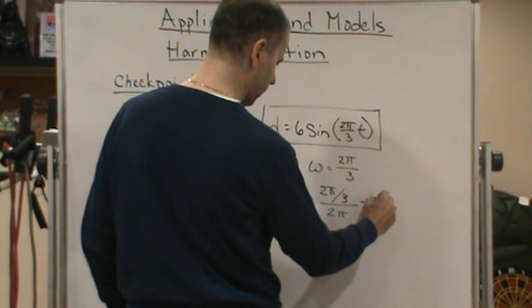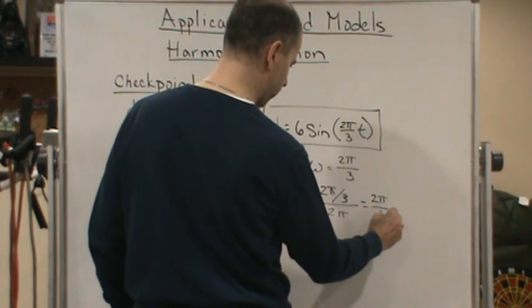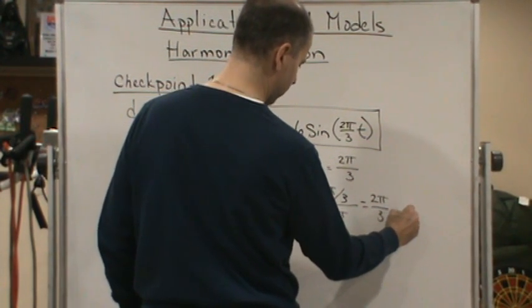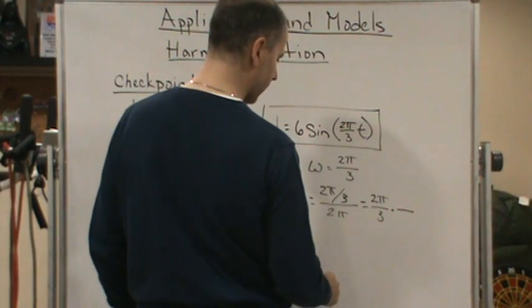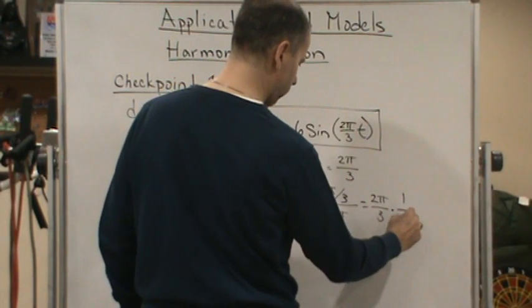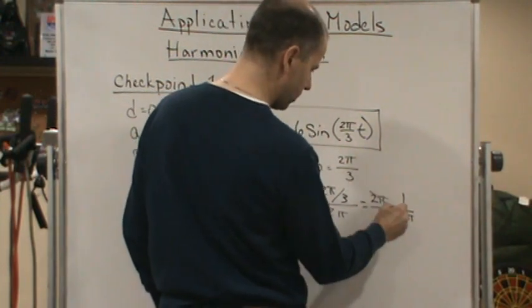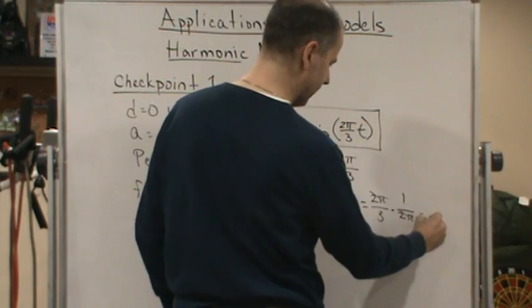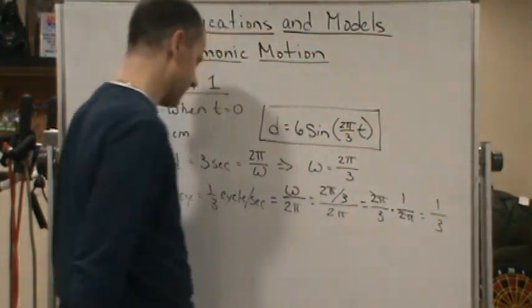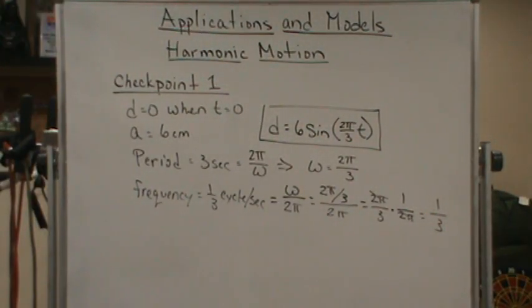This is equal to 2 pi over 3 times 1 over 2 pi. And of course, look at that. We can cancel the 2 pi's, and that equals 1/3, which is exactly what we knew it was going to be. And so that is the answer.